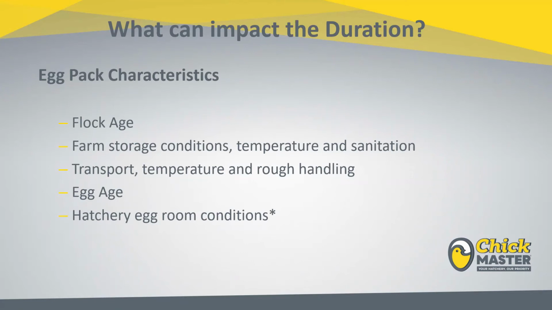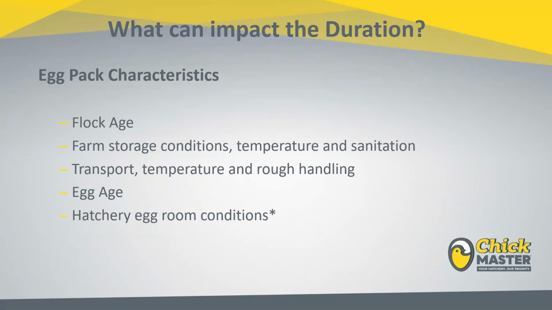So optimal egg age is going to be in the range of 3 to 5 days from the date of lay. So from the time the hen laid the egg, if I can wait between 3 to 5 days to set that egg, then I should see no impact on duration of my hatch window, or no impact on hatch window or even hatch.